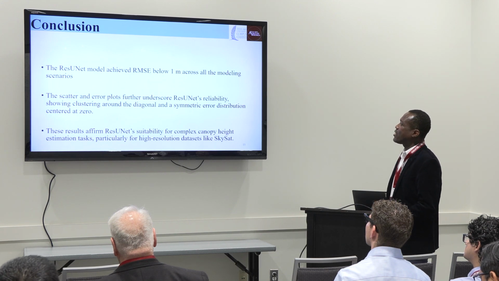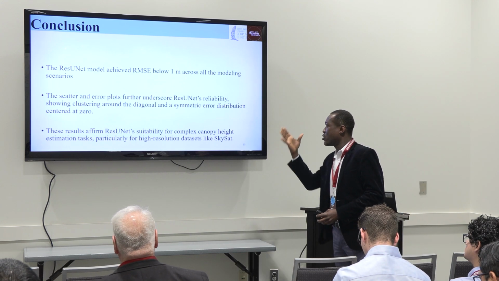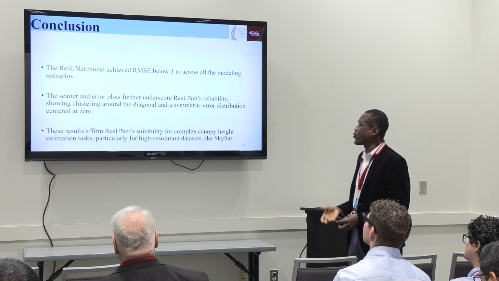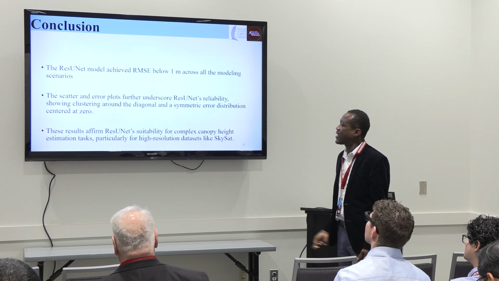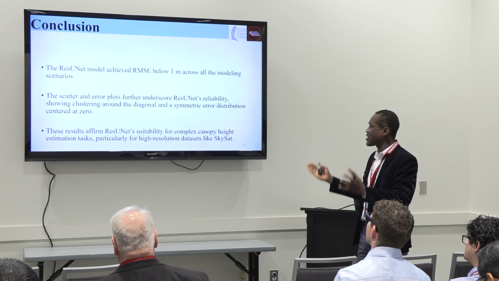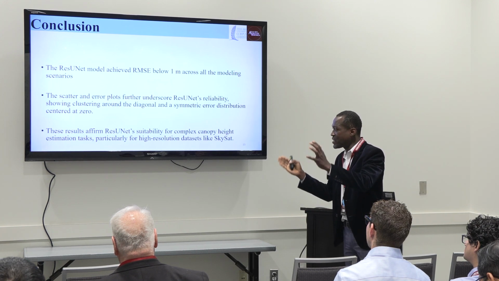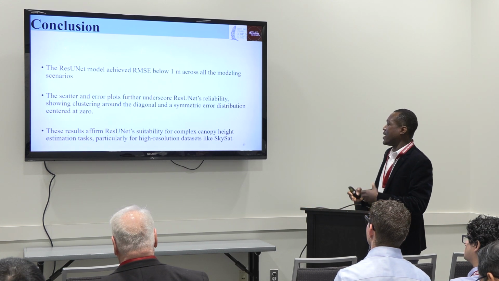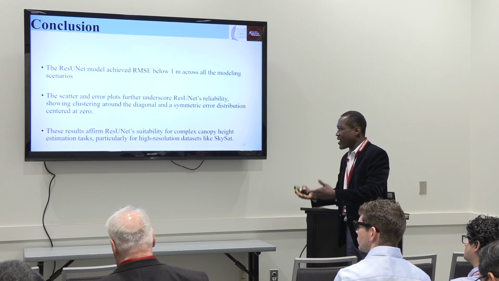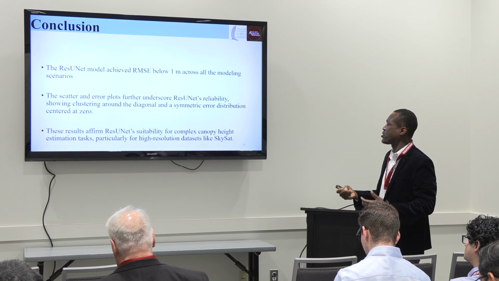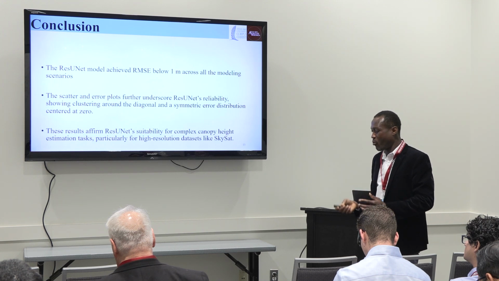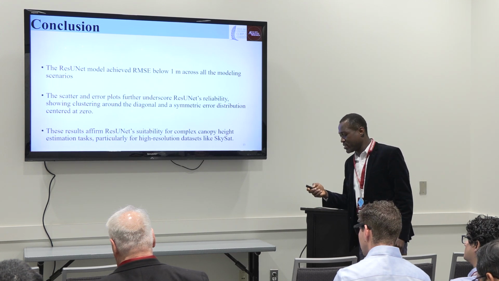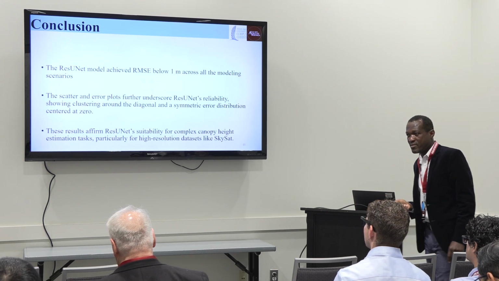So in the end, my model has been able to produce canopy height maps with sub-meter accuracy, and the scatter plot also shows that they are following the one-to-one line. For these initial stages, I can conclude that indeed the RescueNet is suitable for such complex estimation tasks, especially when combined with satellite data. Thank you.